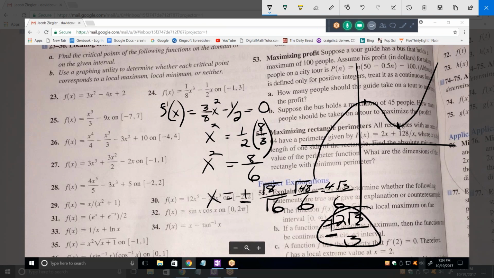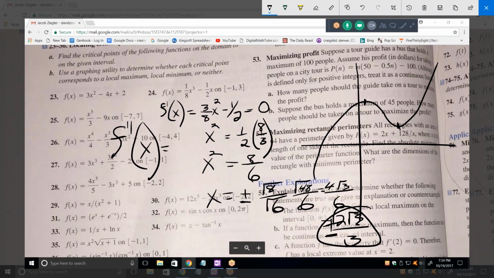Now, as I was telling you, a really easy way, in other words, once we have these two numbers, if I want to know which one's the maximum and which one's the minimum, take the second derivative. I don't know if you've learned that yet, but let me teach it to you because it's so much easier. What's the second derivative equal to?